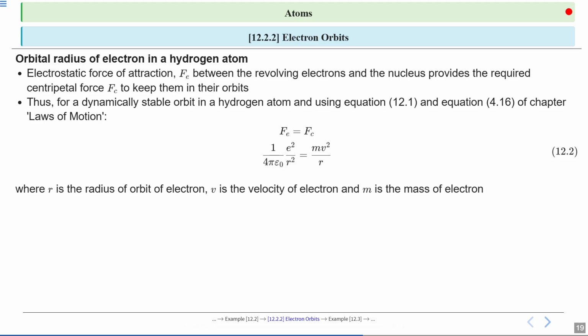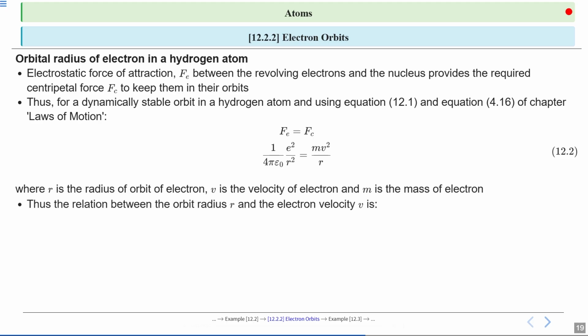Here the charge on the hydrogen nucleus is e due to one proton, and one electron is there in the hydrogen atom having magnitude of charge e. So e multiplied by e, that is e square upon r square. And what is centripetal force according to equation 4.16 of chapter Laws of Motion? mv square by r, where r is the radius of orbit of the electron, v is the velocity of the electron, and m is the mass of the electron.